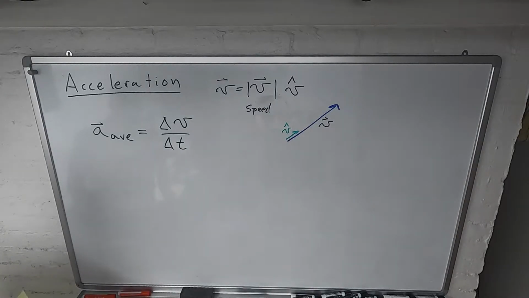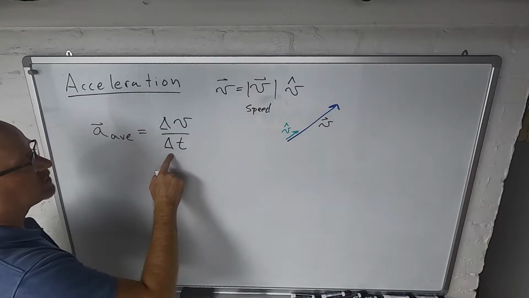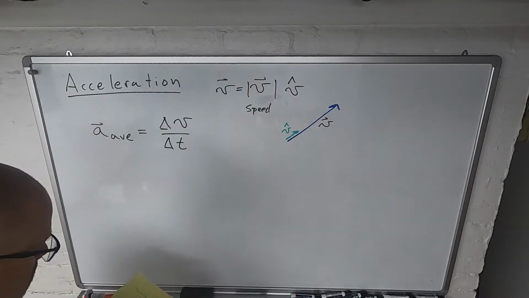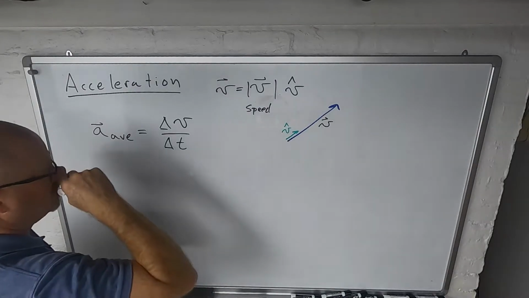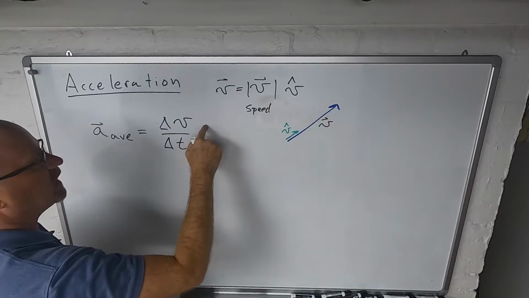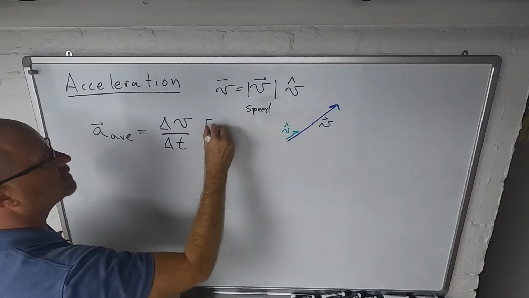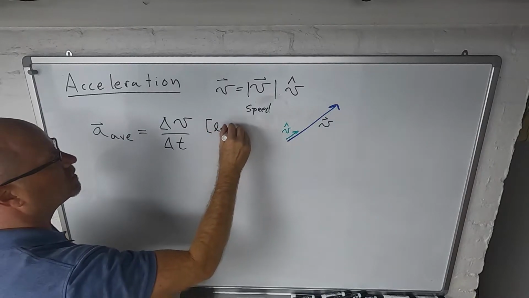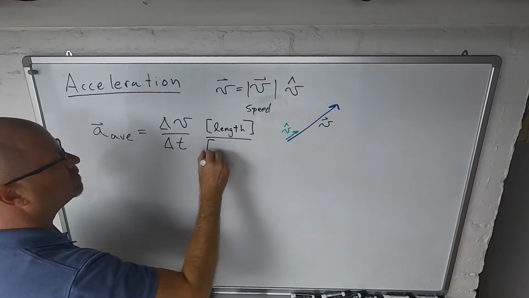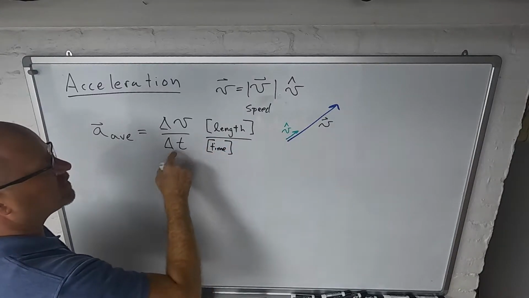Okay. And you might notice that the units here are actually change in velocity, which means this is length per time. So again, length per time. And there's another time.